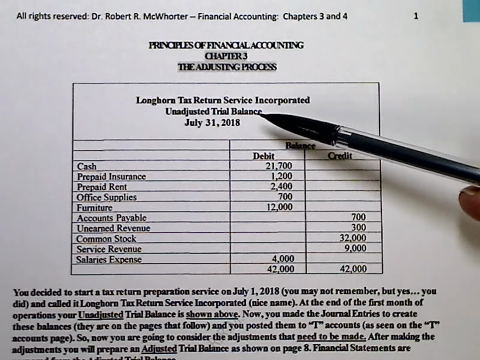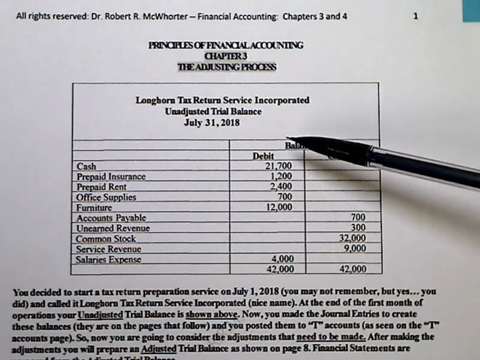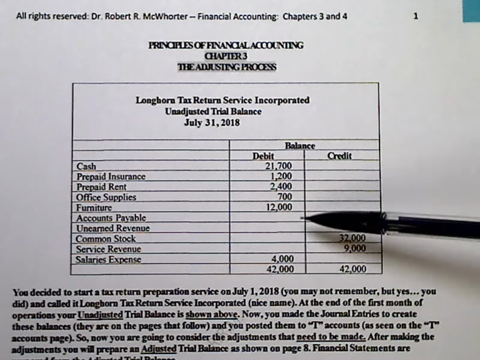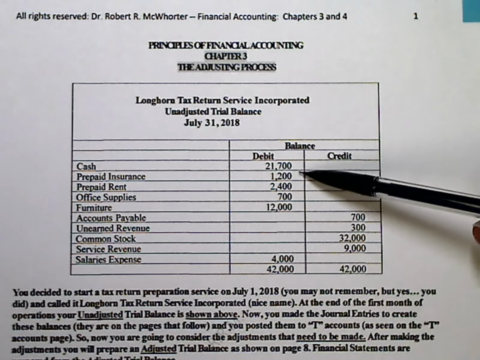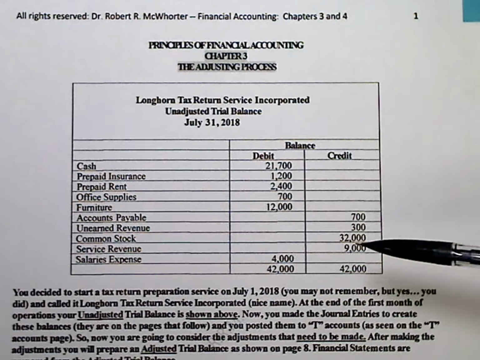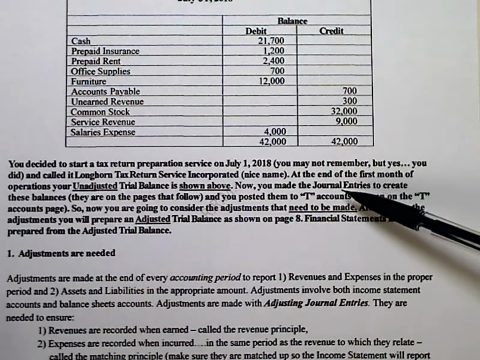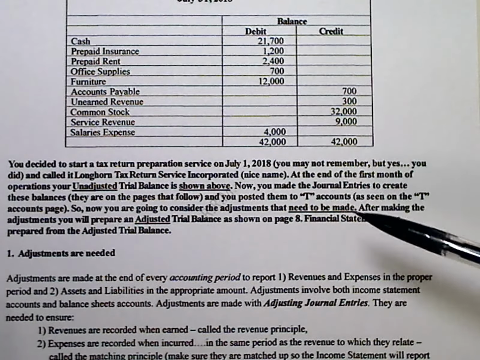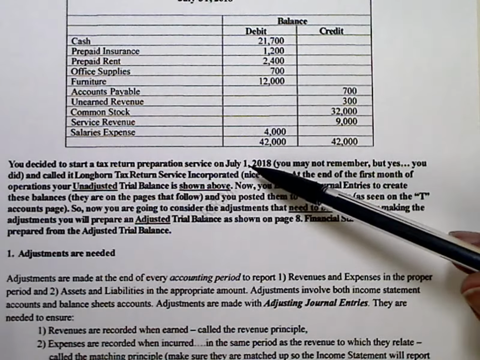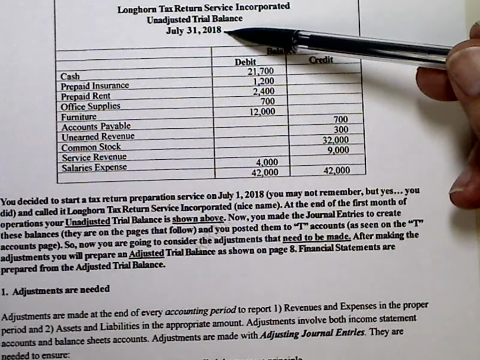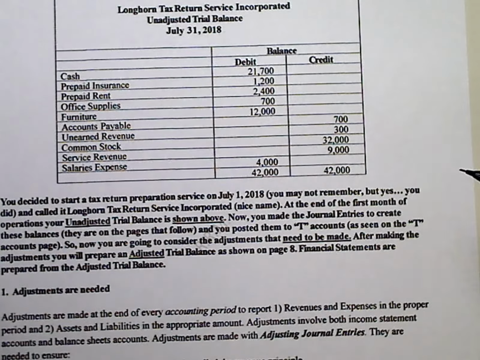This unadjusted trial balance, not a financial statement but a trial balance, shows us account balances after a month of operations. We started a new tax return business on July 1st. Now a month has gone by, and the end of July is what we're looking at.